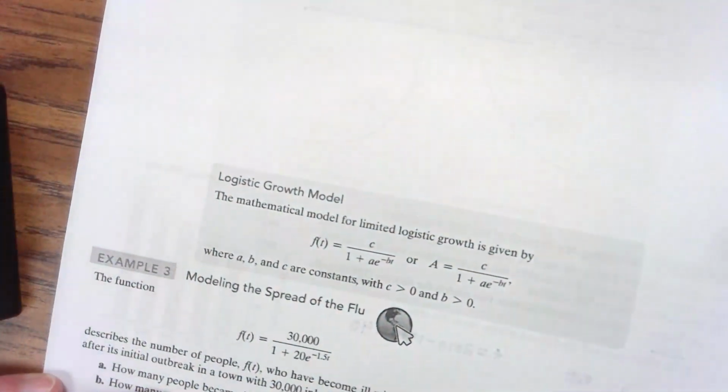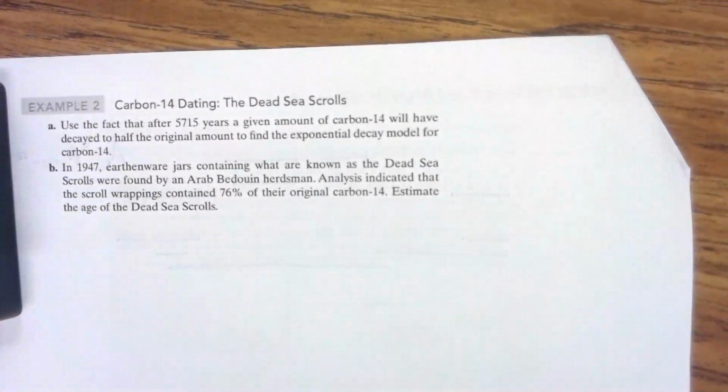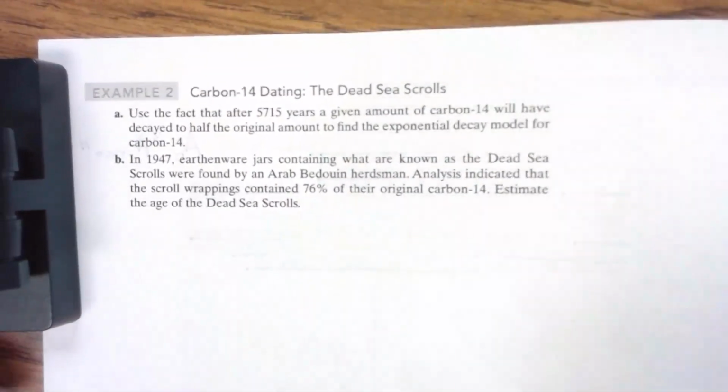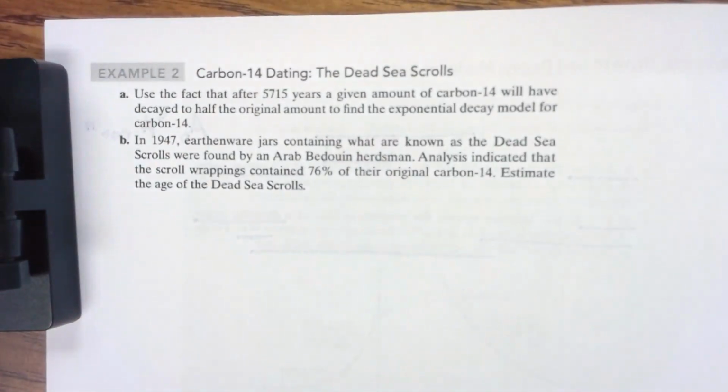We're going to move on to a little bit different type of problem, but still exponential growth and decay. The setup here is a little odd, and we actually have to use some problem solving skills here.